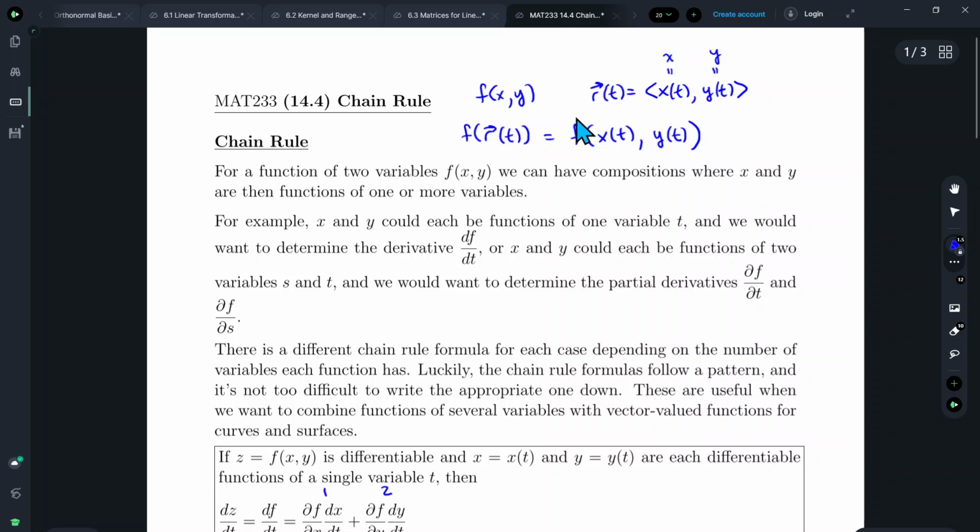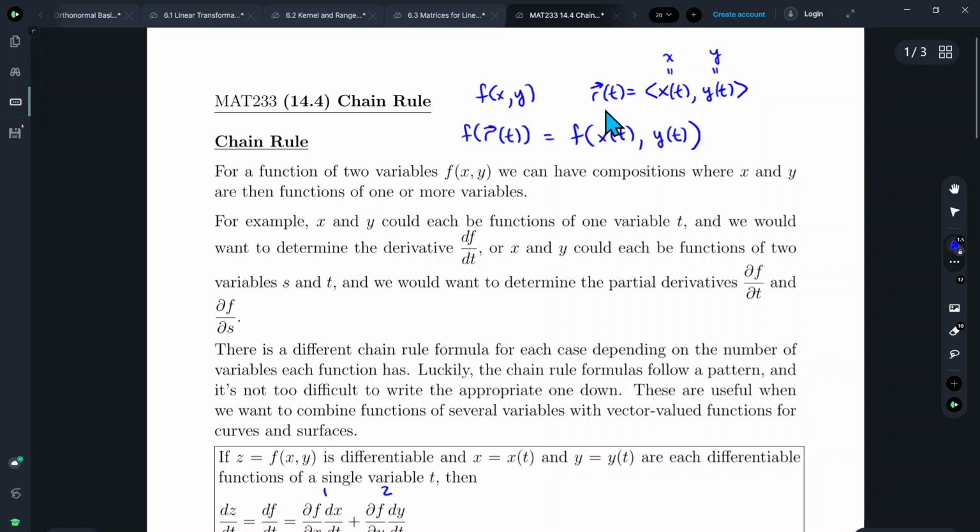So we can ask ourselves, once we perform the composition, how do I differentiate f with respect to t? That's essentially what we're going to do with the chain rule. The thing to be careful about is that here I gave a specific example where f is a function of two variables, and each variable x and y is in turn a function of only a single variable.